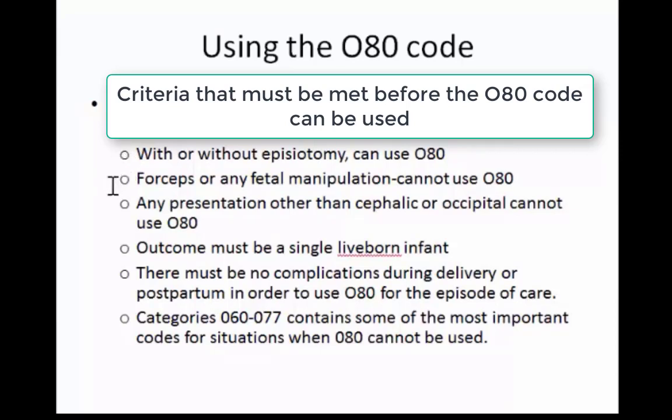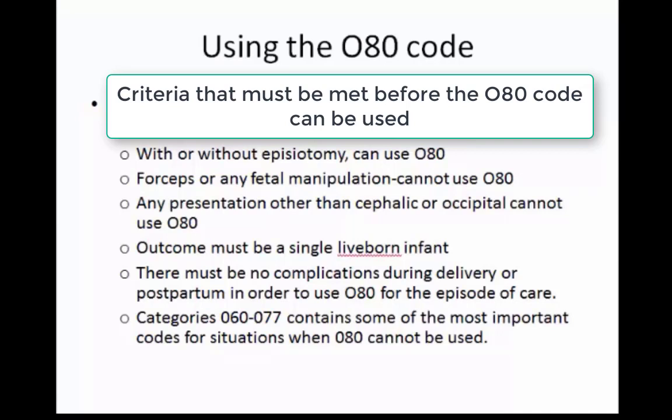But if you have a forceps or any fetal manipulation, you can no longer use that O80 code. Any presentation other than cephalic or occipital cannot use O80, and it has to be a single infant. Twins or multiples, you cannot use that code.